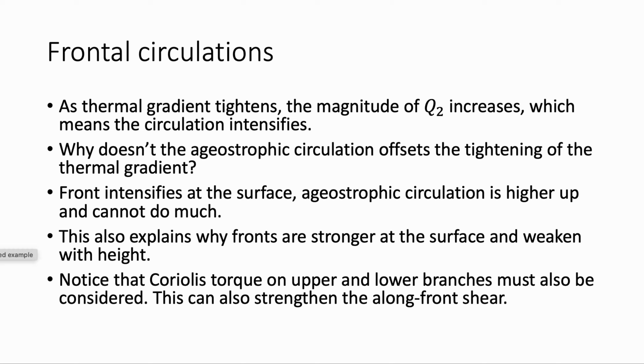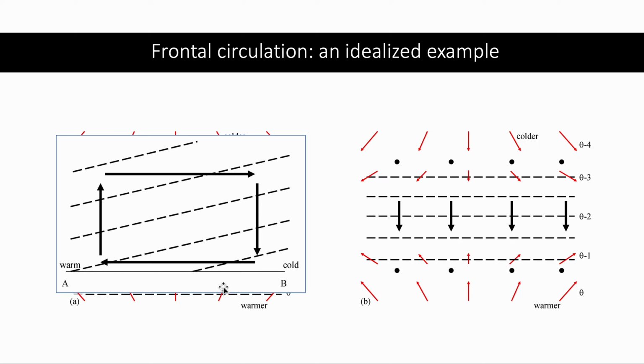And it's interesting because the front intensifies at the surface, but the question one might ask is, why isn't this ageostrophic circulation doing anything to essentially kill the front, to contrast the front?